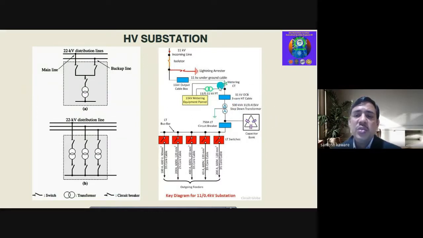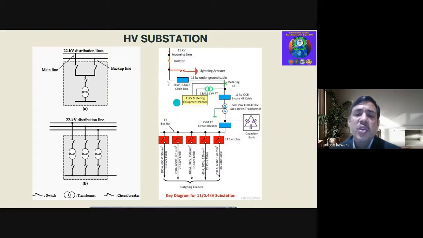Metering is most important for this, because our control and protection is generally done with the help of this metering system, that is, the measuring equipments we use for metering as well as for protection. Even nowadays, we are making high voltage substations remote substations. There is no manpower deputed there.